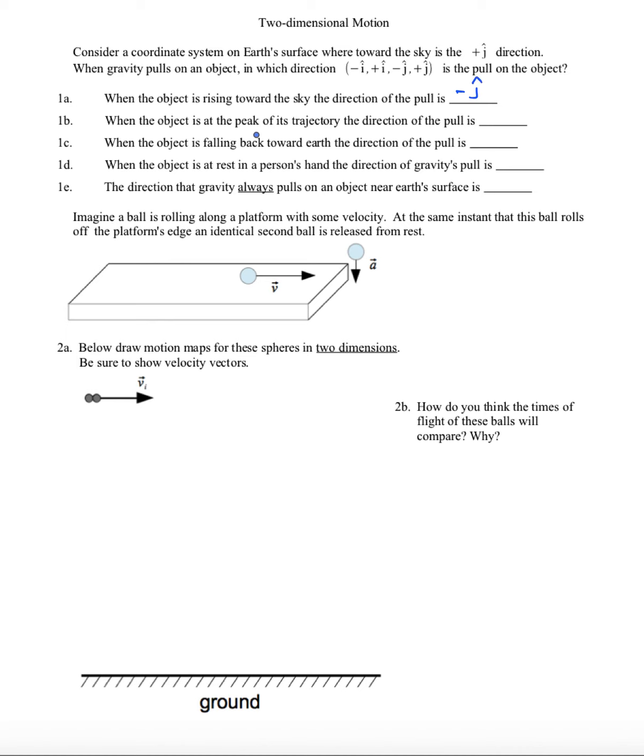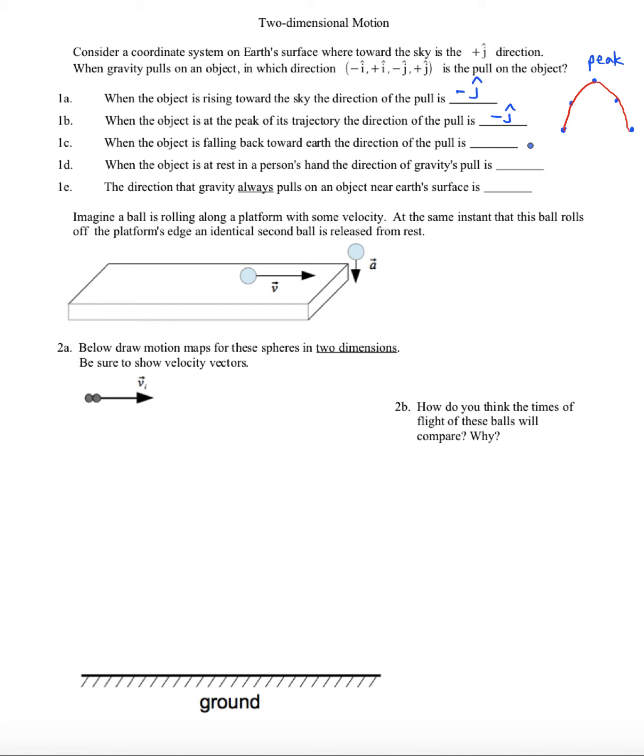What about when the object is at the peak of its trajectory? Let's say this is the path that the object takes. Which way does Earth pull at the peak? Well, Earth pulls down, always.